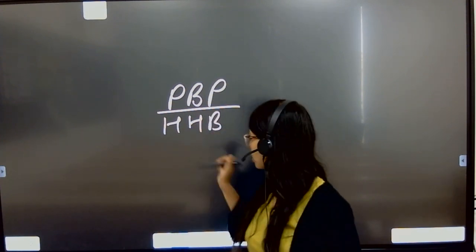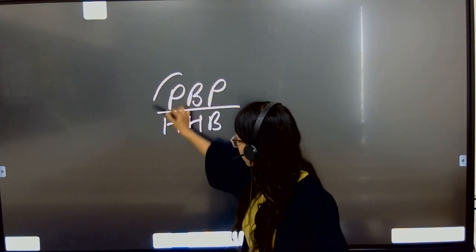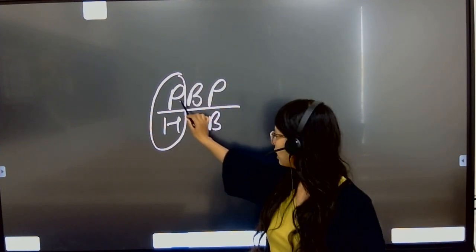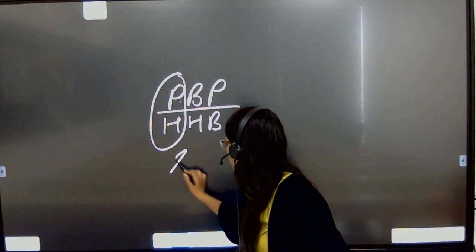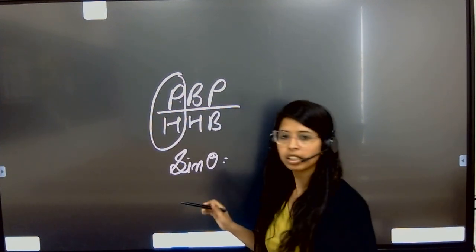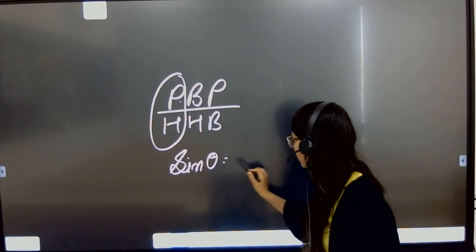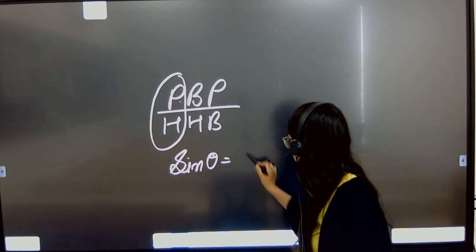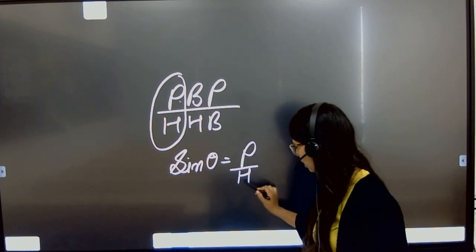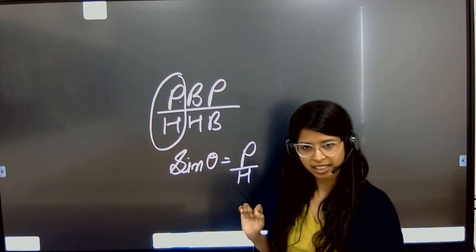So first of all, let's see this ratio. If I take perpendicular upon hypotenuse, this ratio is for sine theta. So whenever we have a question where we have to find sine theta, we have to find the ratio of perpendicular upon hypotenuse. Clear?